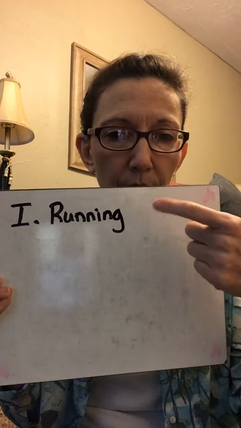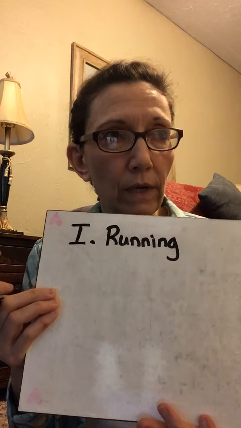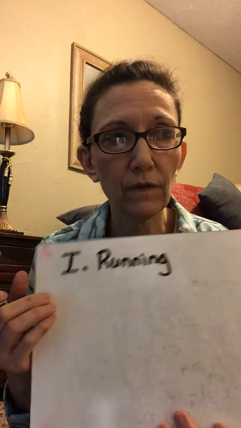And then you're going to write the topic that you picked right next to it, and I picked running. And then you ask yourself a question, okay? And this is a word that you're going to put right next to the topic that you picked.